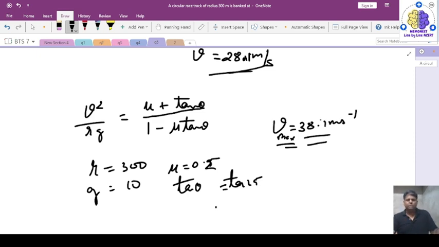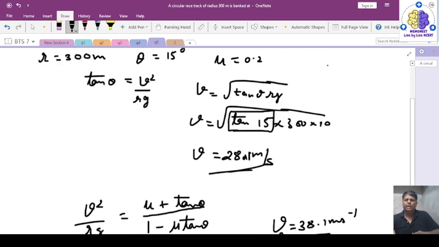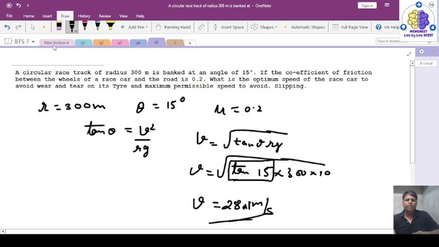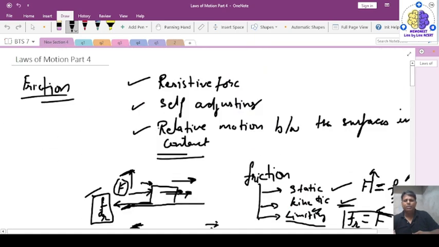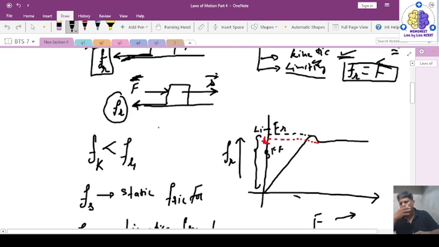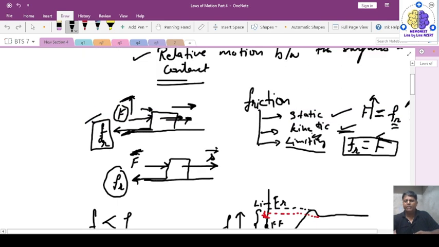So I suppose this is all for the leftover part of laws of motion. What we have studied till now: in the first part, the frictional force, that whenever a body has a tendency of moving or sliding over a surface, it will experience a frictional force, which was categorized into static, kinetic, and limiting frictional force.